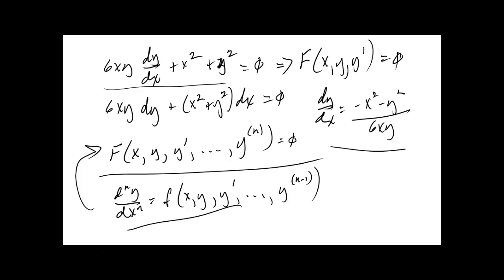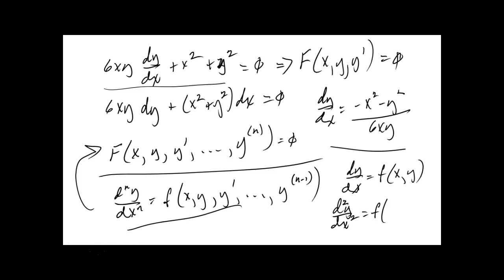So basically, anytime you have a dy dx, it's going to be some function of x and y, independent variables, dependent variables. What would be your normal form for d squared y dx squared?